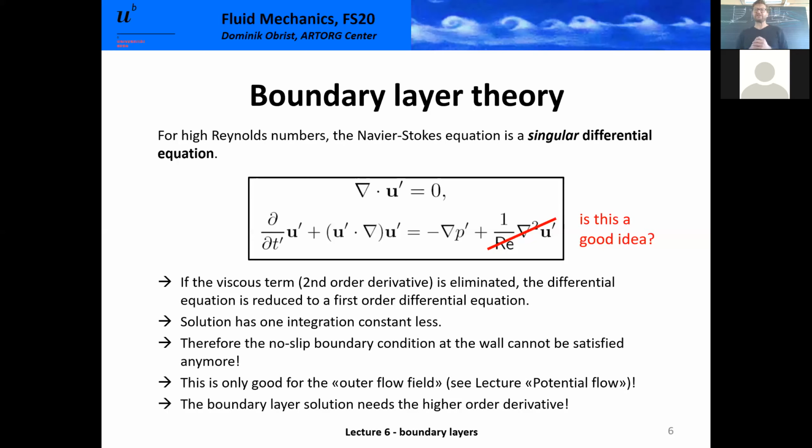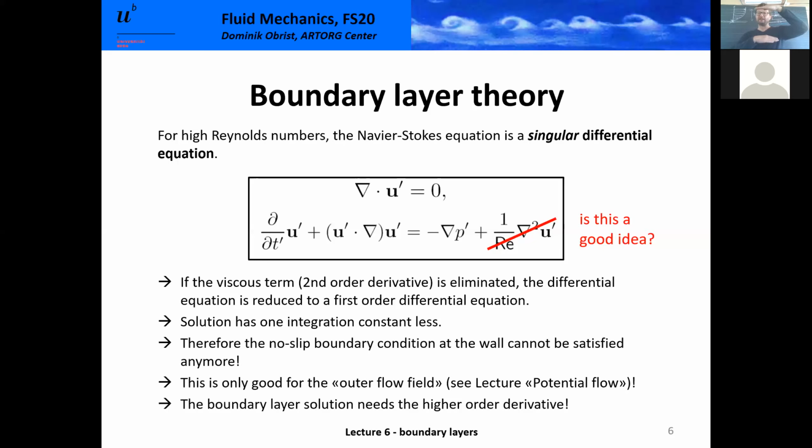And what are the integration constants good for? Maybe you can remember back, I think 2 or 3 weeks ago, when we derived the solution for Poiseuille flow between two flat plates. We also had two integration constants, and we determined the integration constants by satisfying the boundary condition at the lower wall and the boundary condition at the upper wall. Right? So two integration constants, two boundary conditions.